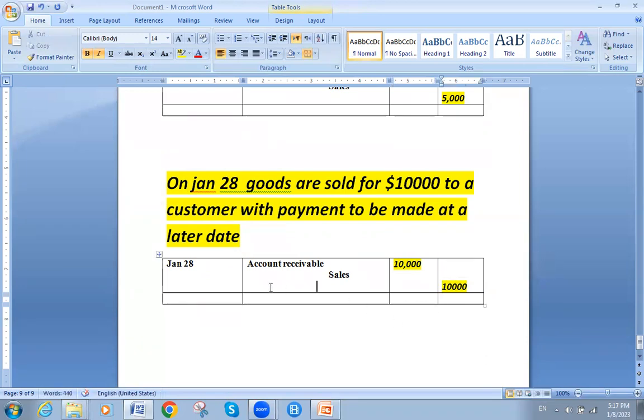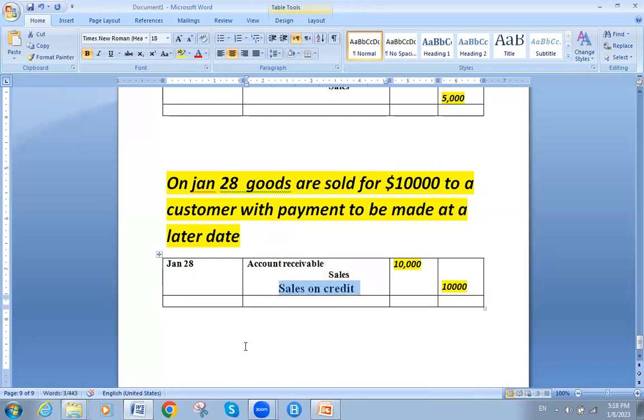And I will say sales on credit. That will be the description of the selling process, sales on credit. So this is when you sell from account receivable and sales. Okay.